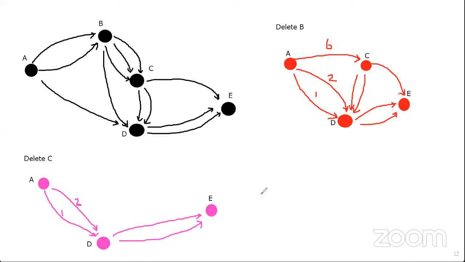What's the correct one? Here there are 6 and here there are 2, so from here to here there should be 12.